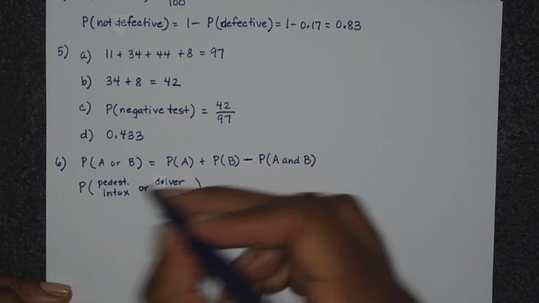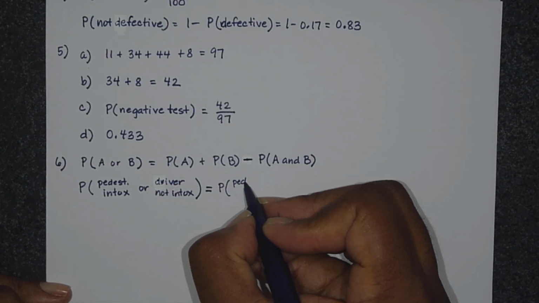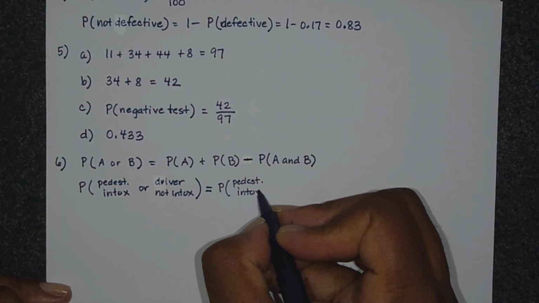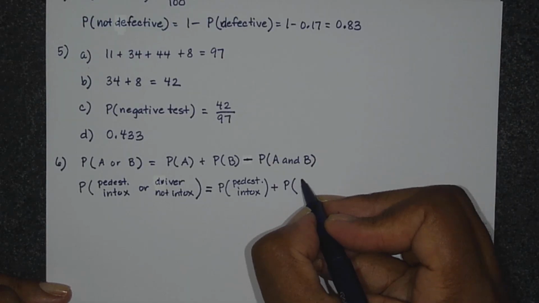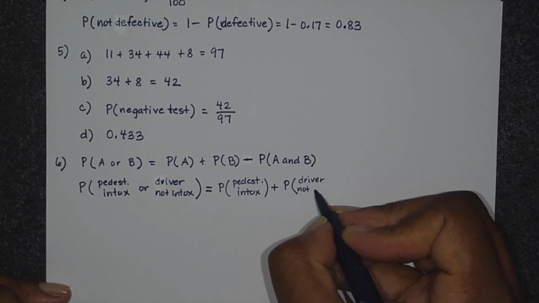That's going to be equal to the probability that the pedestrian was intoxicated plus the probability of the second where the driver was not intoxicated.